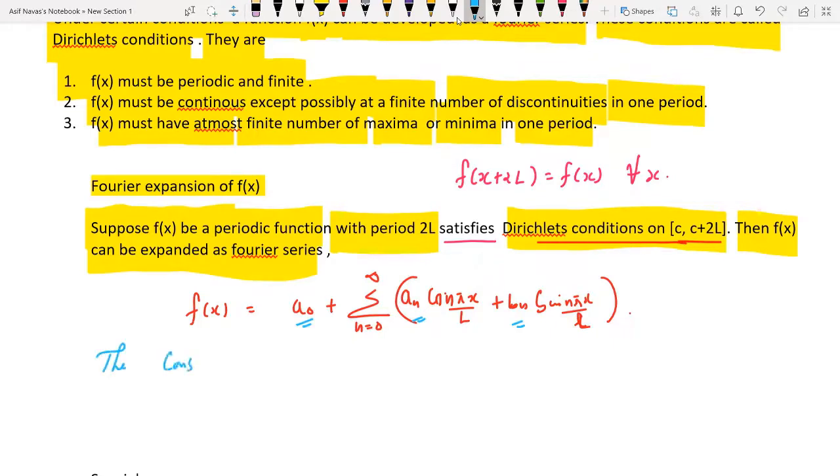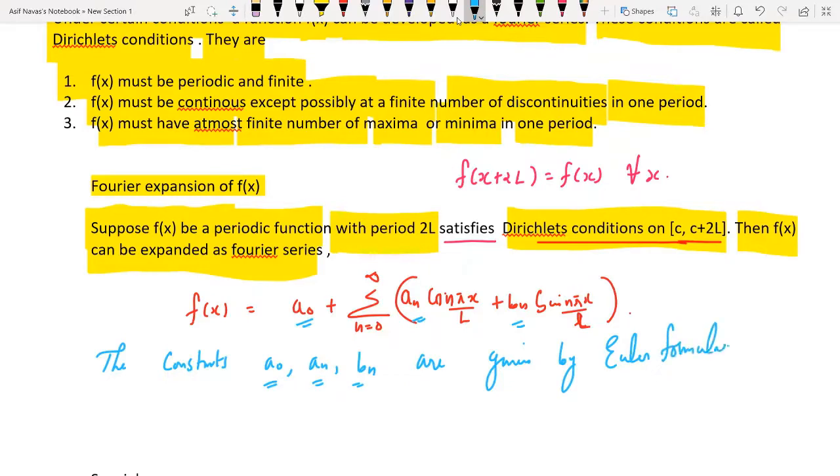The constants a naught, an, bn, where n equals 1, 2, 3, etc., are given by Euler's formula. These constants can be found by using Euler's formula.